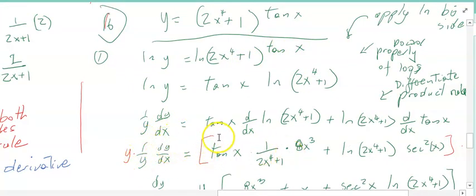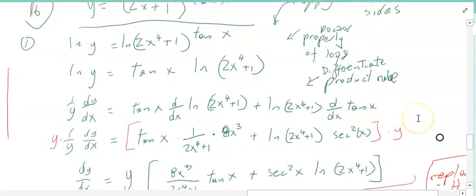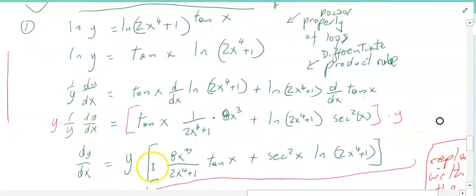So 1 over y dy dx is equal to tan of x times 1 over 2x to the 4th plus 1 times 8x cubed, after you take the derivative, plus ln of 2x to the 4th plus 1 times secant squared x, all times y.